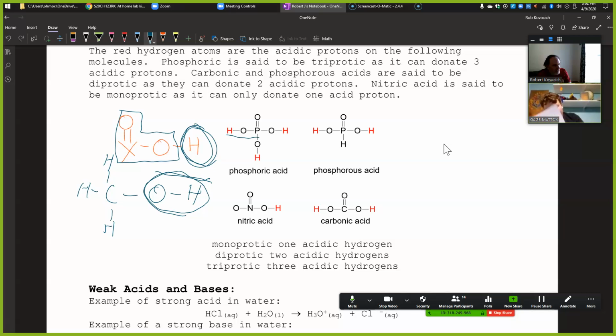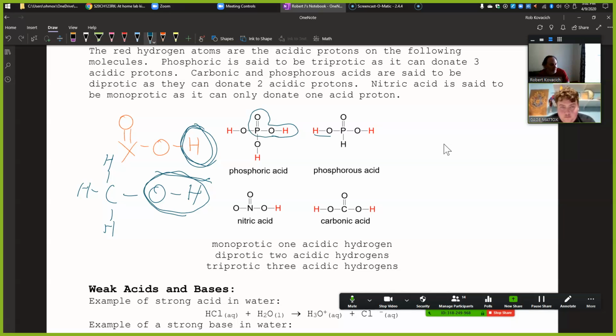So this little grouping makes that H acidic. This is a grouping, making that H acidic. And this is a grouping making that H acidic.